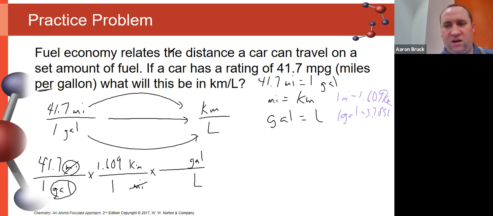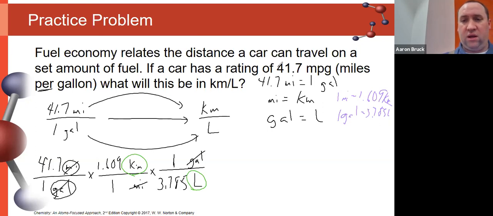Liters in the denominator. Conversion is 1 gallon for every 3.785 liters. My gallons in the numerator and the denominator cancel, and so all I am left with at the end are kilometers and liters, which is exactly what I wanted.